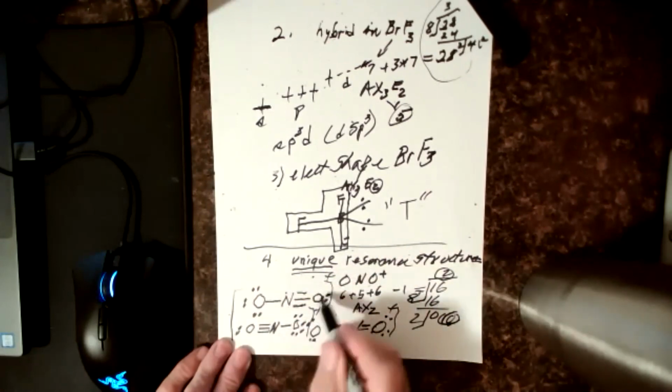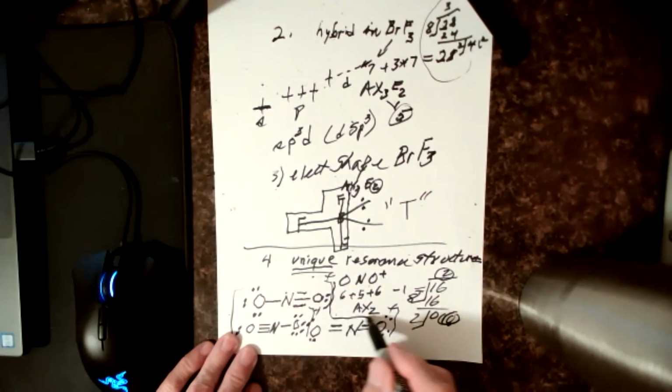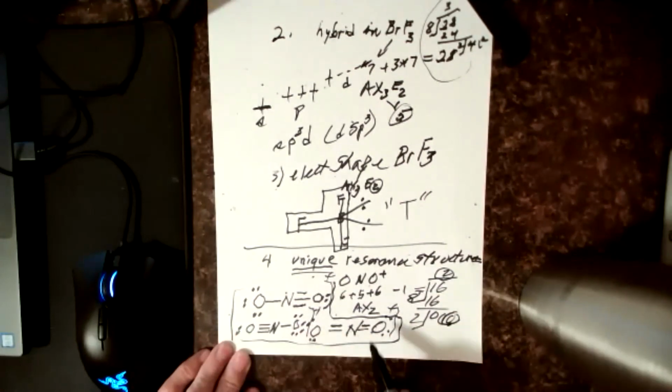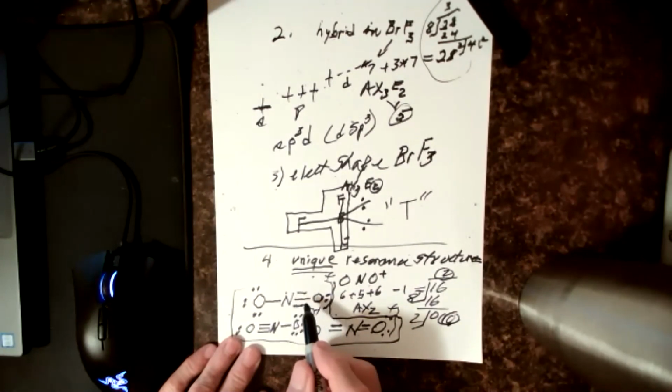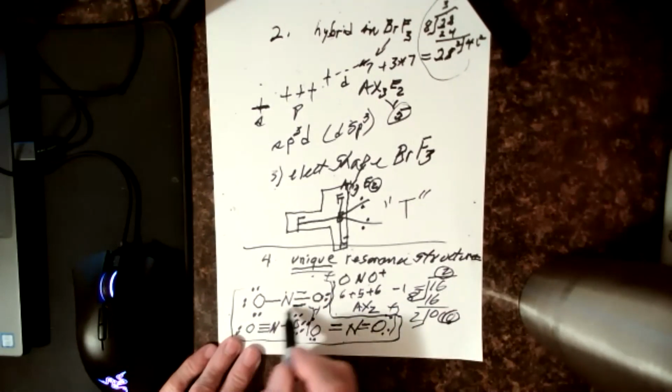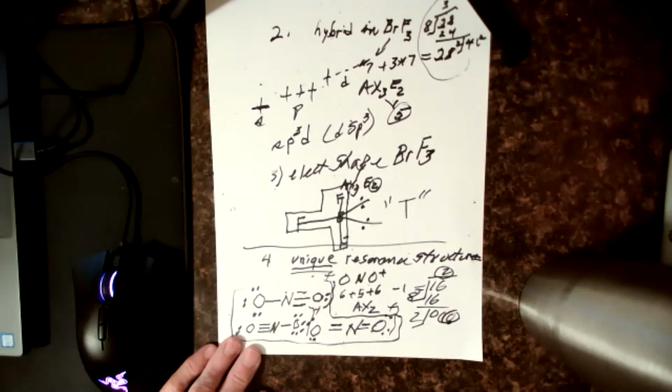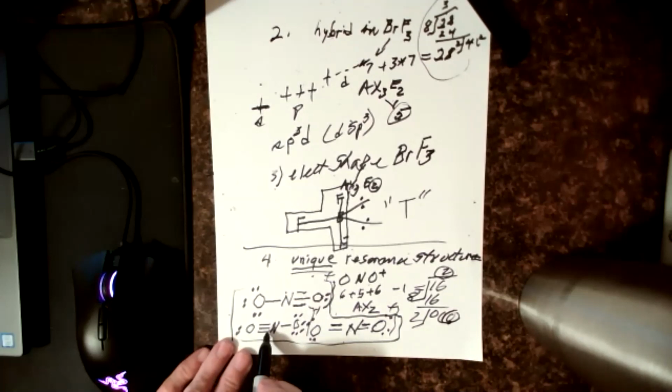These are resonance structures. There's a total of 3 of them altogether. But these 2 are not unique. There's only 2 unique ones, this one and either one of these. The other one is symmetrically equivalent to this one.